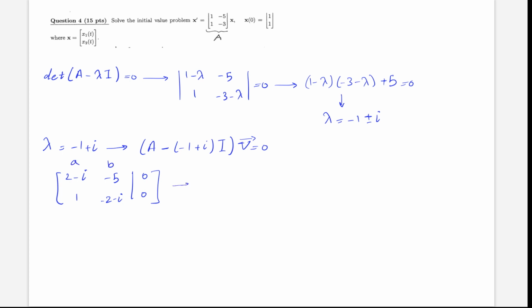Calling the components A and B, we have (2 minus i)A minus 5B equal to 0, and also A minus (2 plus i)B equal to 0. From the bottom equation, we realize that A equals (2 plus i) times B, or 2B plus iB.